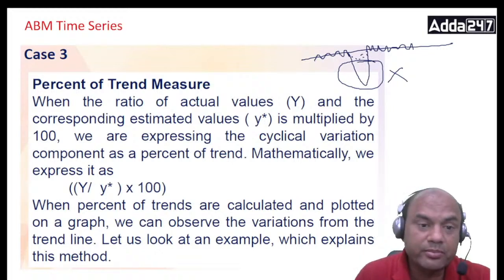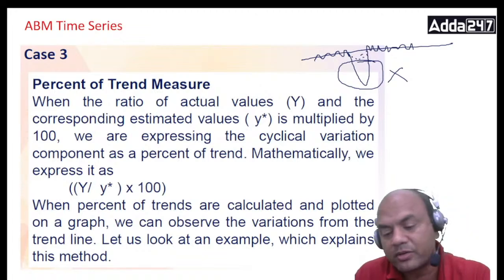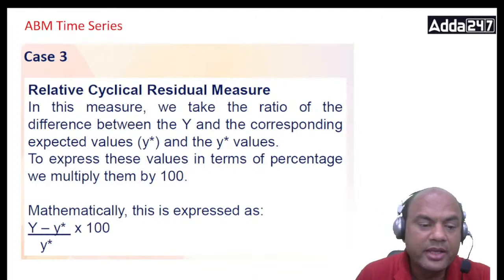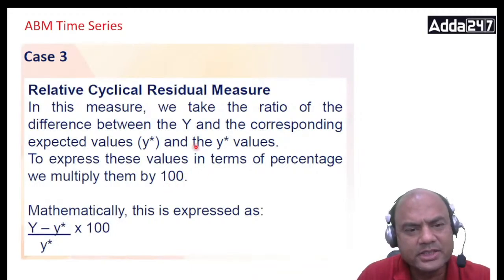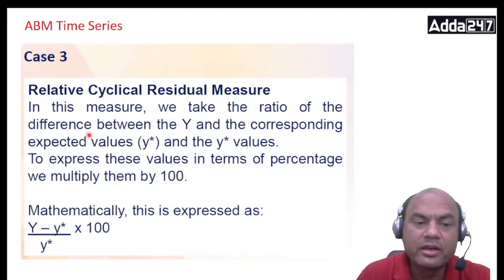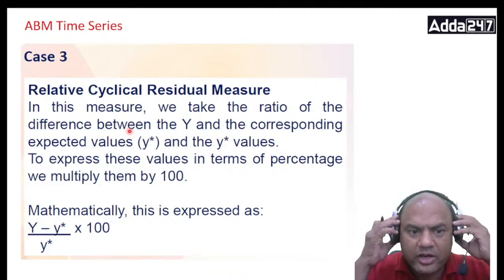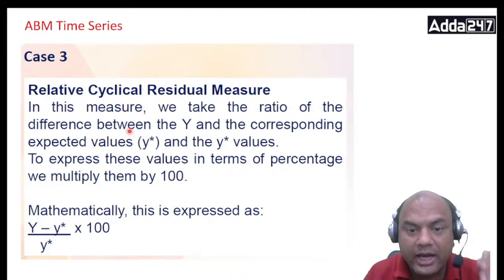So got it everyone? Percent of trend means y upon y star. Actual y upon estimated y. Similarly this second one, residual cyclical method. Same logic. Only the formulas are different, but the logic is the same. In this measure, we take the ratio of the difference between the y and the corresponding expected y, that is y star.